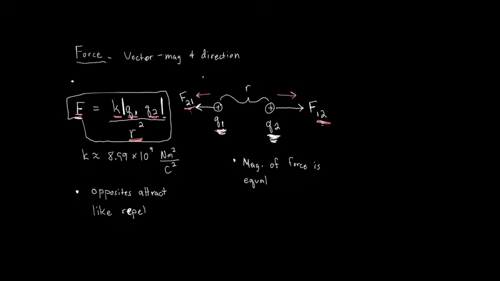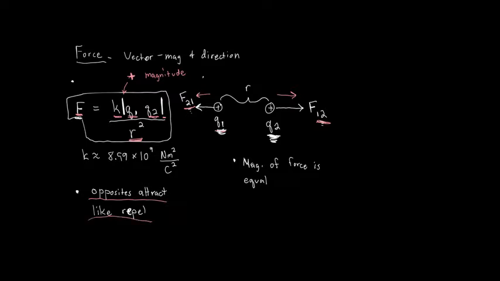Something to take note of is the magnitude of the force. Since we're taking this absolute value, the magnitude of your force will pretty much always turn out to be positive. You'll always get a positive magnitude. And the direction will be positive or negative depending on this opposites attracting or like charges repelling.